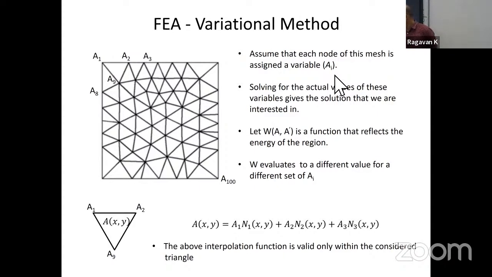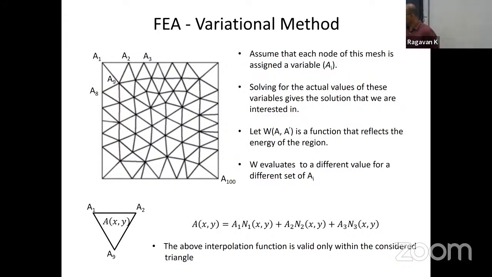So for example, let's take N1(x, y). How this is defined is, when you are at A2, the N1 value is 0. And again, when you are at A3, the N1 value is 0. Where is it 1? N1 is equal to 1 at what node? Yes. Similarly, the same logic applies for all other nodes.